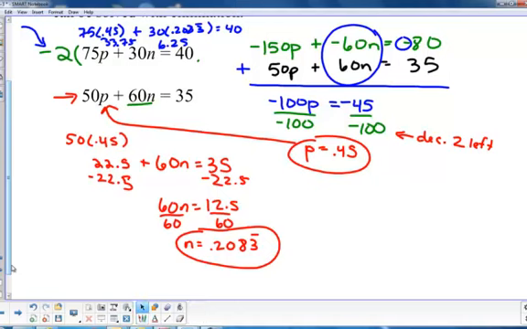That's our right answer: 0.45 and 0.2083 repeating.